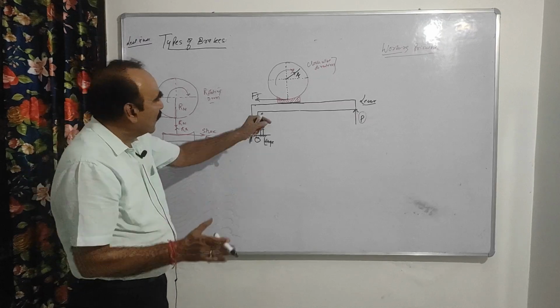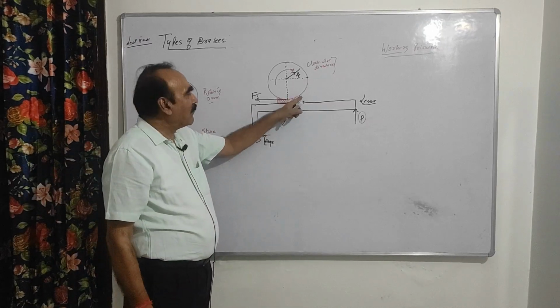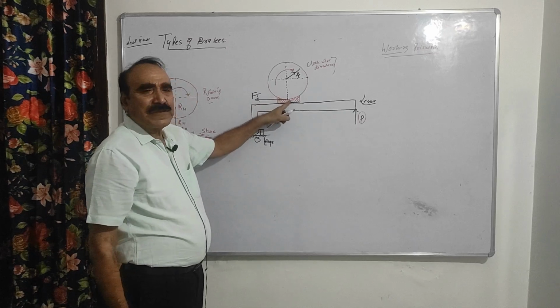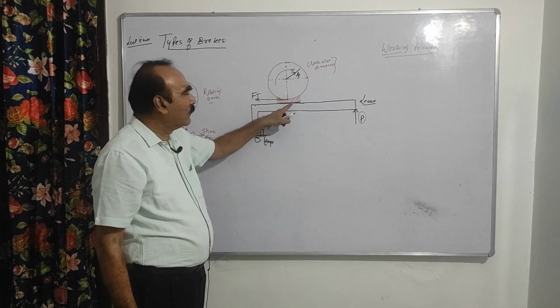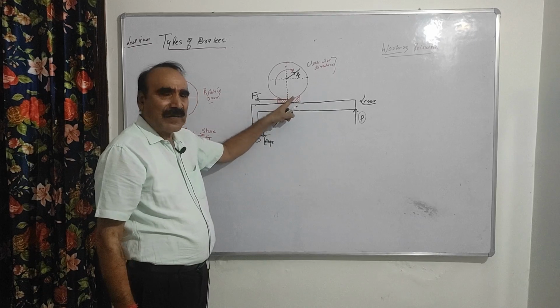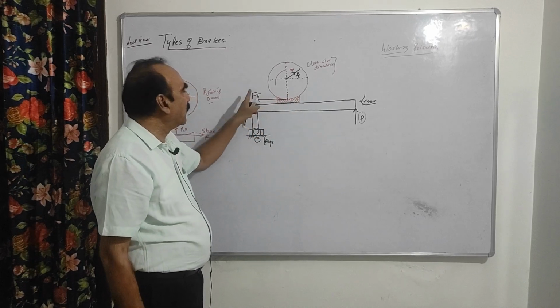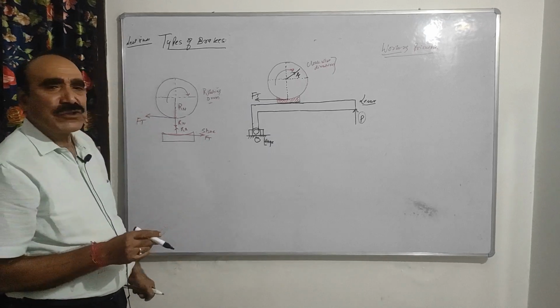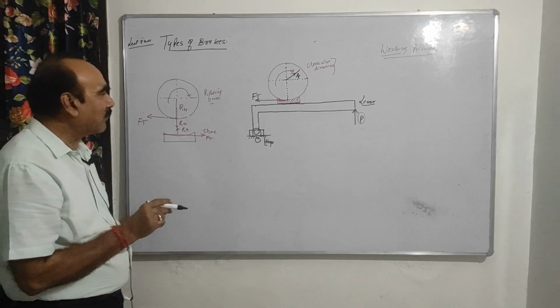The shoe is static, the drum is rotating. Due to this, a frictional force will develop between the shoe and the drum, and that frictional force will be in the opposite direction, which will stop the rotation of the drum.